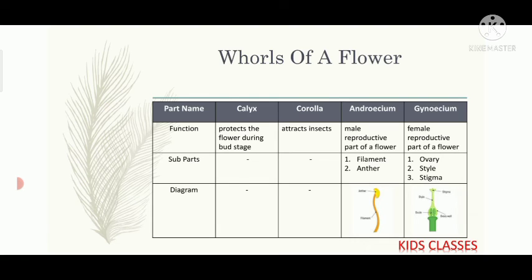You can see these parts in the diagram also. So what is ovary? So first of all, ovary contains ovules, and after fertilization it will develop into a seed. Okay. And one more labeling is there: ovary wall. So what is ovary wall? Ovary wall protects the ovary. Okay. And inside the ovary ovules are there.